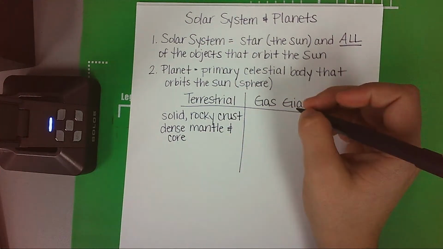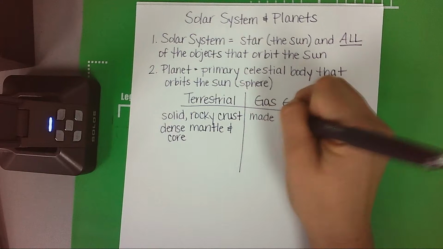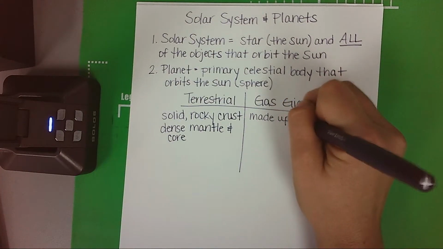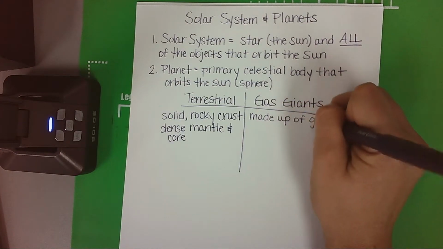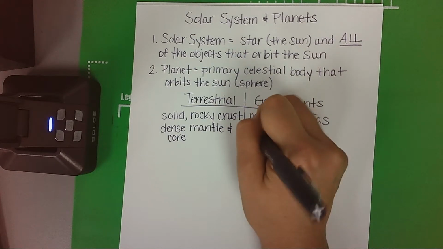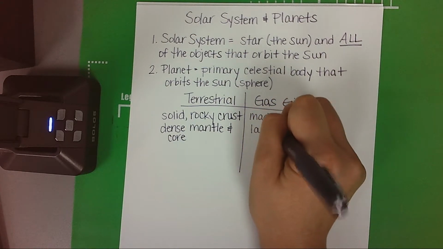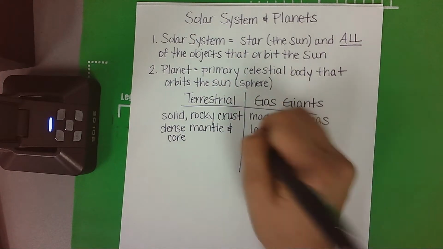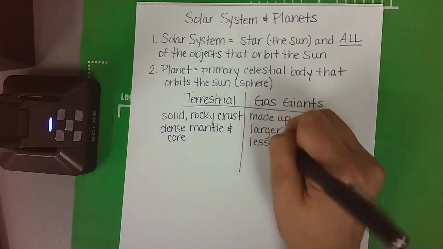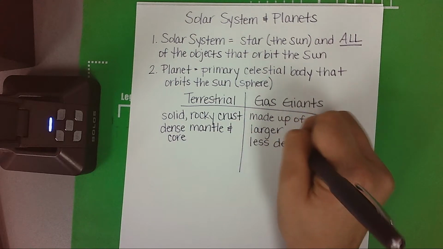The opposite of that would be the gas giants, which are made up of gas. They are large, so they are larger than the terrestrial planets, and they are less dense than the terrestrial planets.